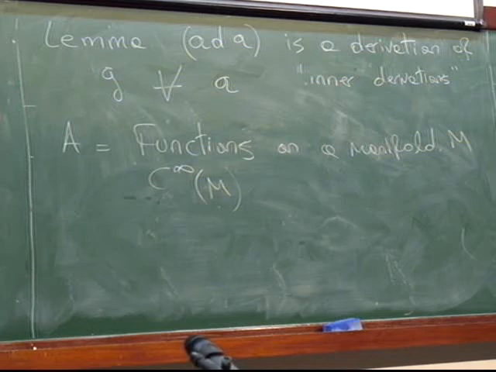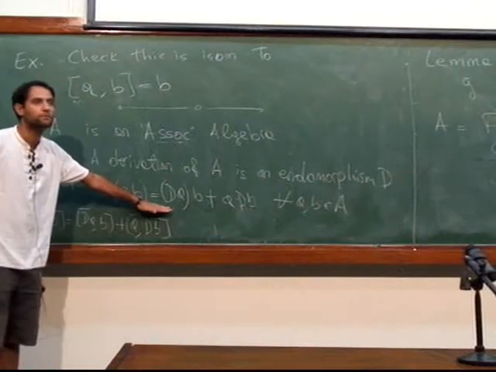There's an algebraic way of thinking of vector fields. Just give me the algebra of functions, and derivations of those are vector fields. Vector fields act by derivations on functions. They satisfy this equality here, that I think you call the Leibniz rule.